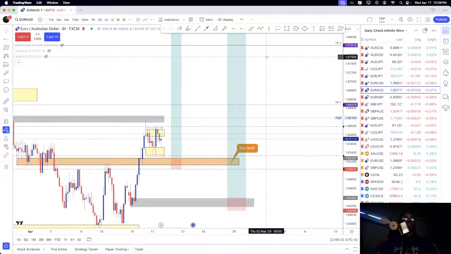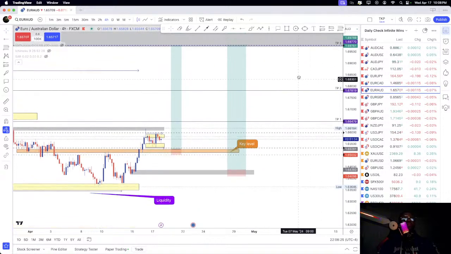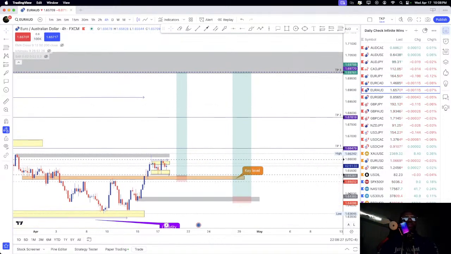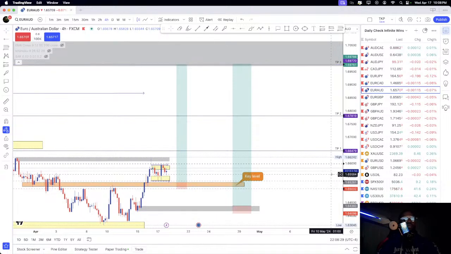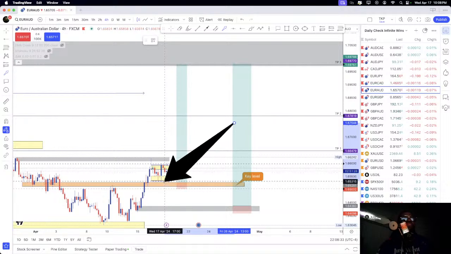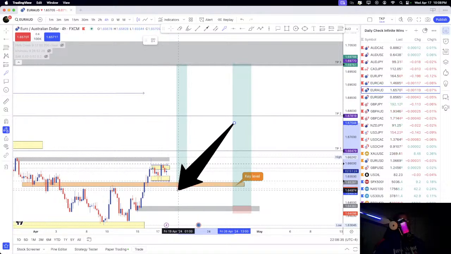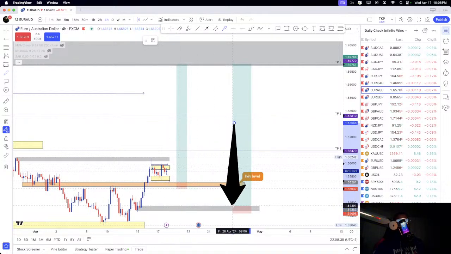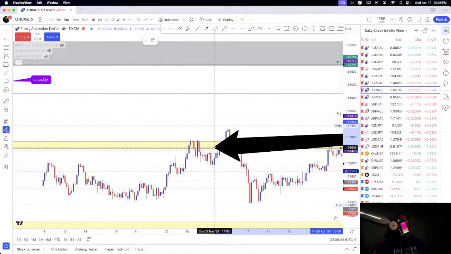All right, so let me tighten this chart up. The only difference is if this low is broken, and we learn a lesson on this trade, when we re-enter at this level, our TPs will be slightly different, okay?